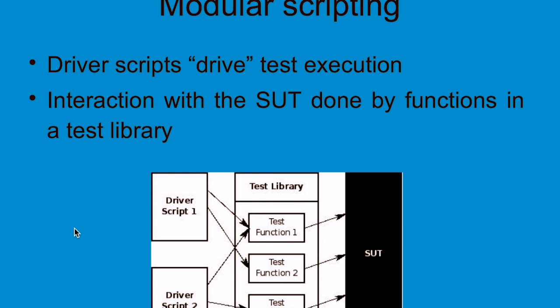So now it has three different actions: login, logout, and checking. In linear approaches we'd have three different scripts, but over here we can have one test case which will use all these three scripts together, and it becomes modular scripting.